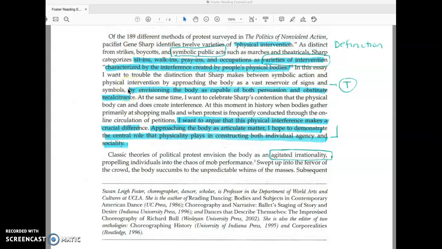You don't necessarily need to understand those terms super well, but you do need to understand that by using the phrase "I want to trouble" here, she's saying I'm going to argue against what someone's saying. And at the same time, down here, I want to celebrate Sharp's contention.